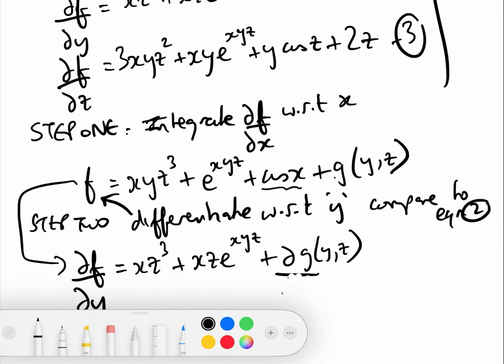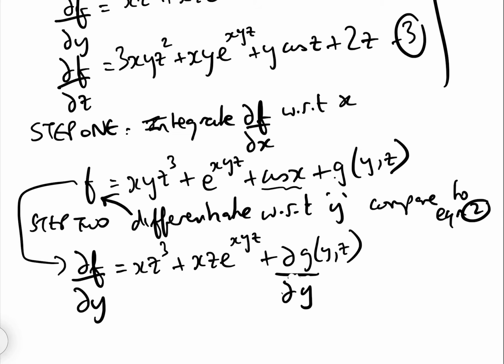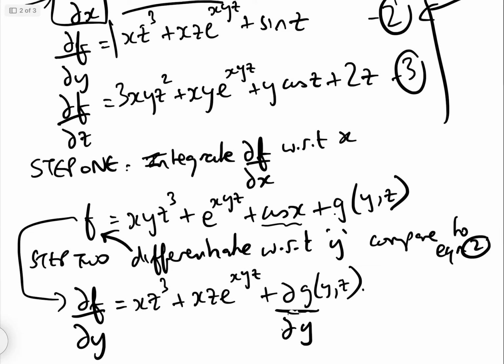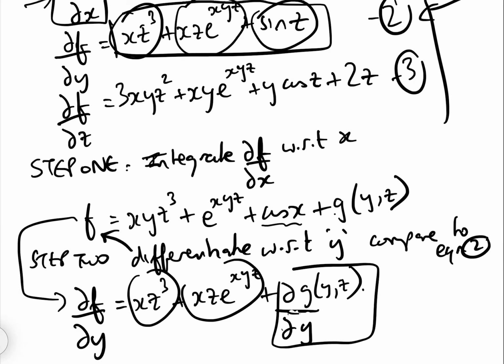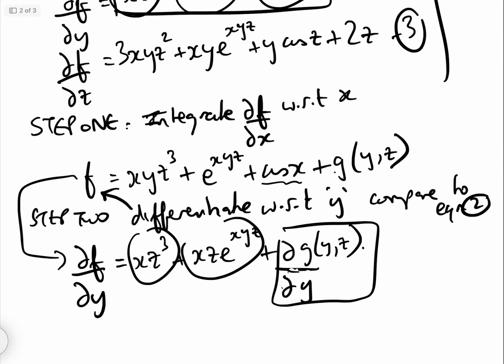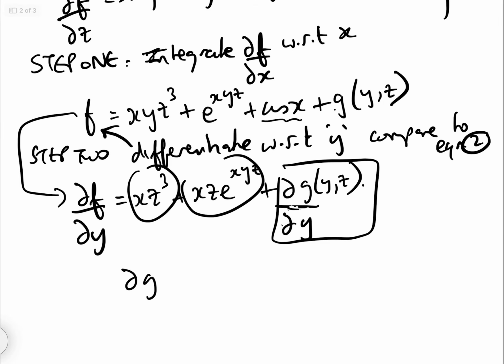With respect to y. Okay, now we're going to compare this to equation 2 here, and basically we'll see that we've got the xz cubed, the xz e to the xyz, and a sine z. So clearly dg(y,z)/dy is equal to sine z.